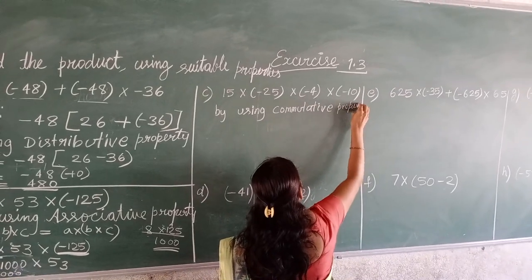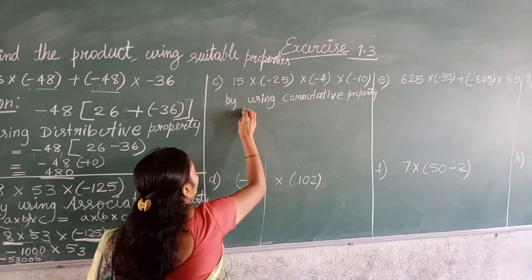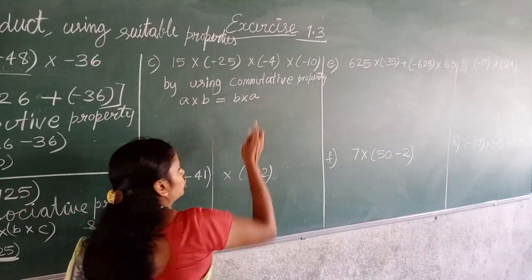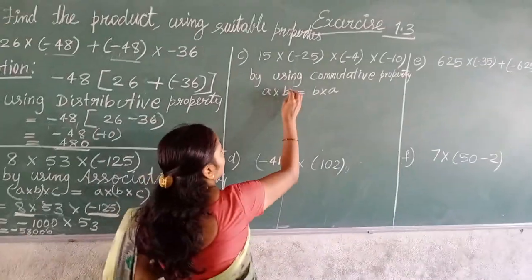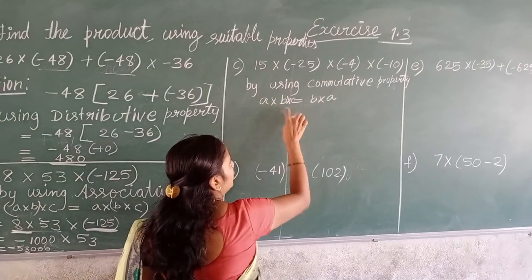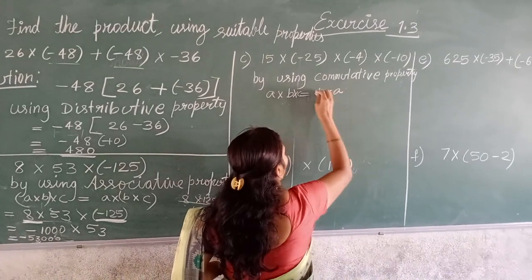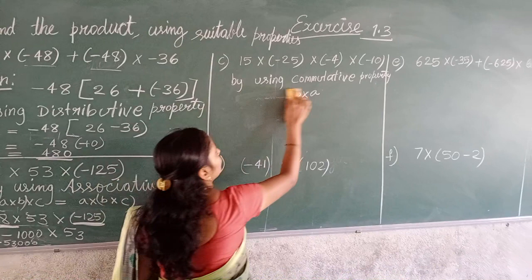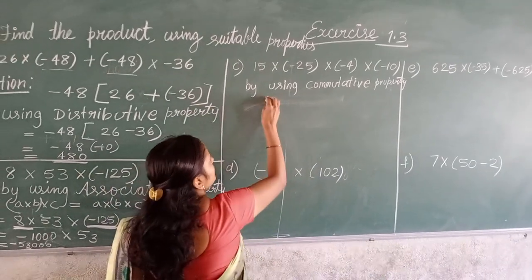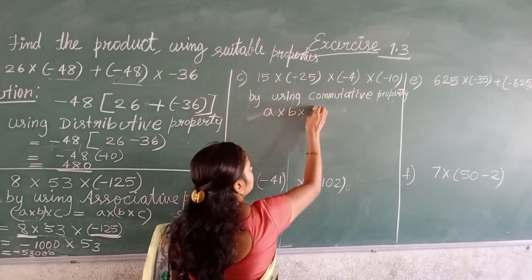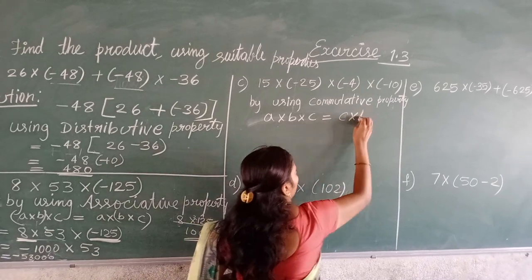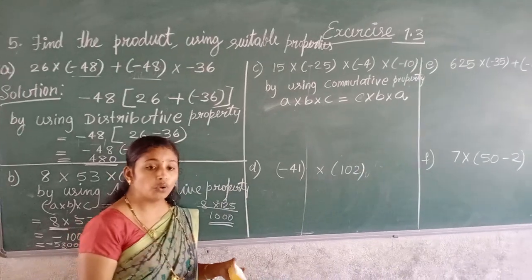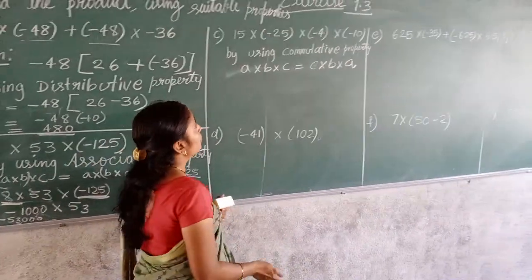Now by using the commutative property, A into B is equal to B into A. Or you can say A into B into C in the same way is C into B into A. You will get the same. If you change the order also, you are going to get the same answer.